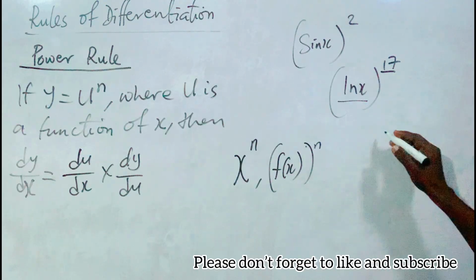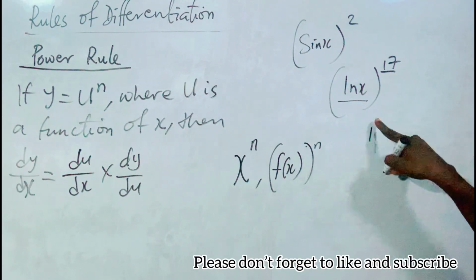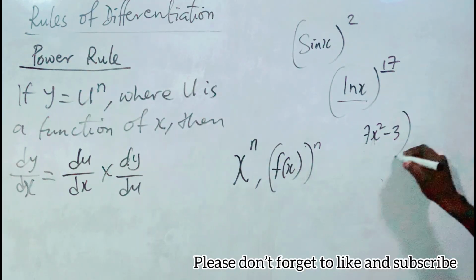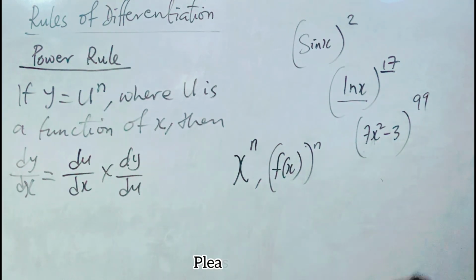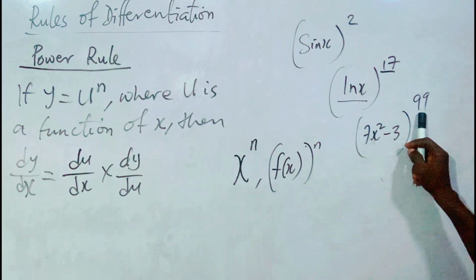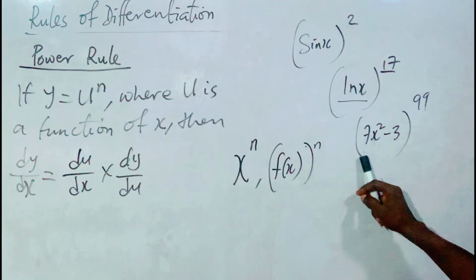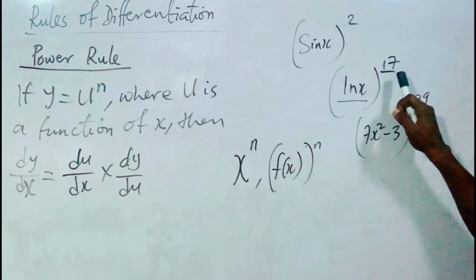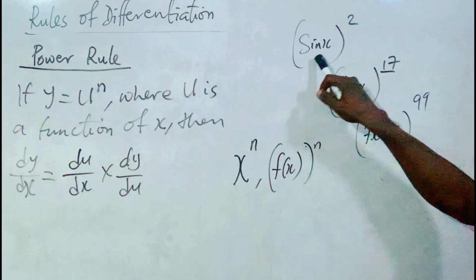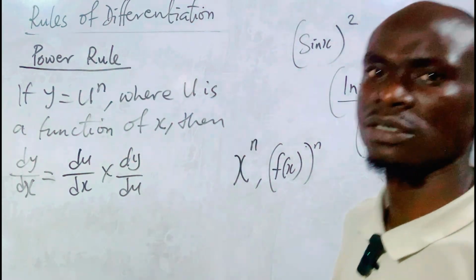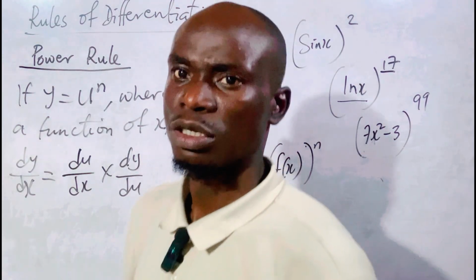Let's look at 7x squared minus 3 all raised by 99. So this is a complex base, a constant power. Polynomial function, ordinary number as power. Logarithm function, ordinary power. Trigonometry function, ordinary power. When we are faced with a problem like this, we apply power rule to solve it.